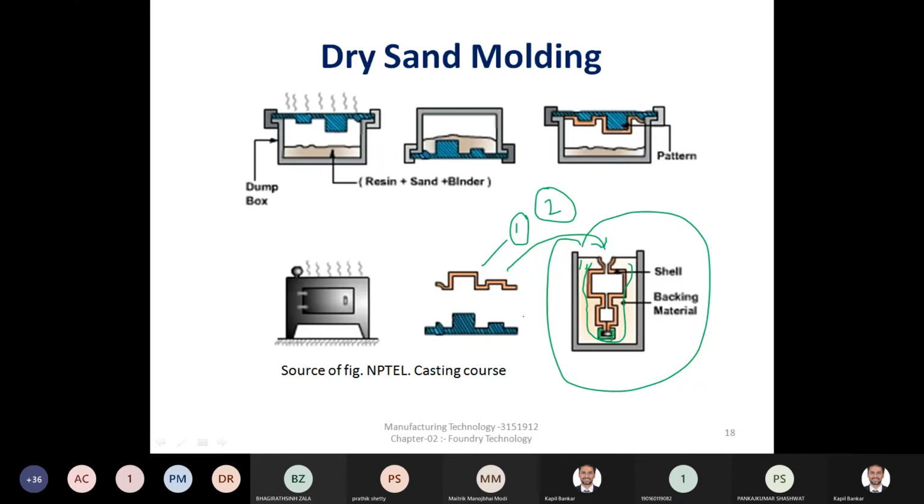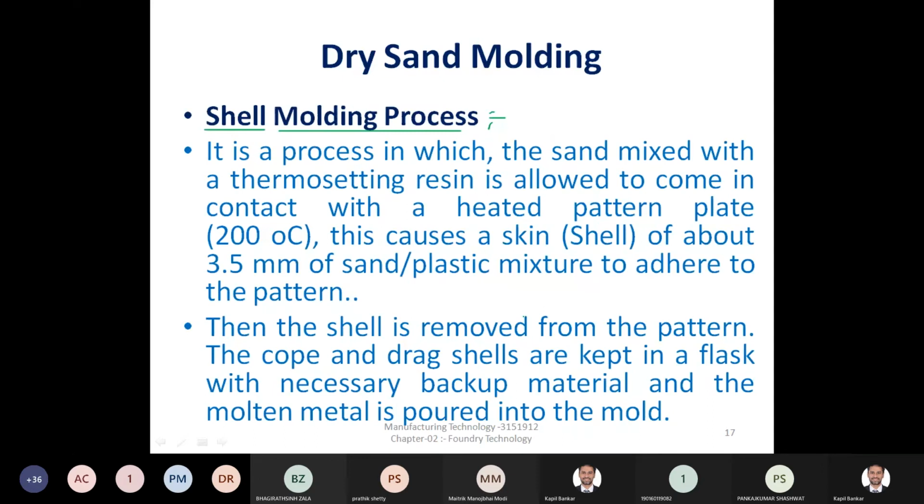It is a process in which the sand is mixed with a thermosetting resin. Remember this name of the resin: thermosetting resin. Sand mixed with thermosetting resin is allowed to come in contact with a heated pattern.